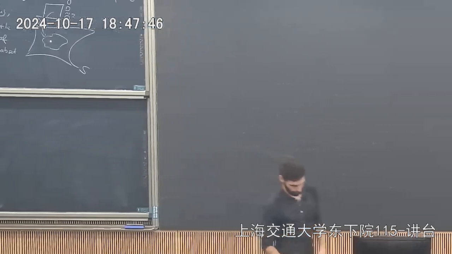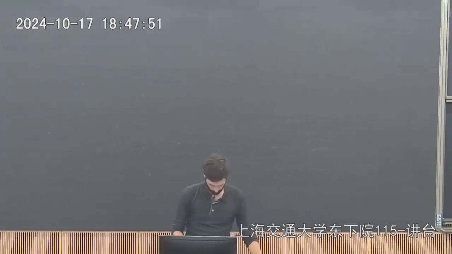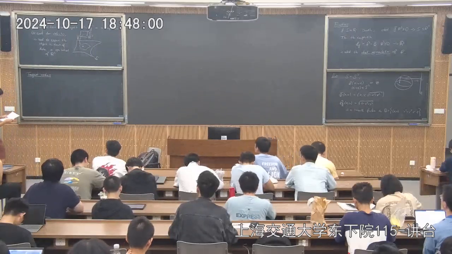The question is: we have a tangent vector at a point on the surface, and we would like to represent it in some way as certain things that live on the open subset.